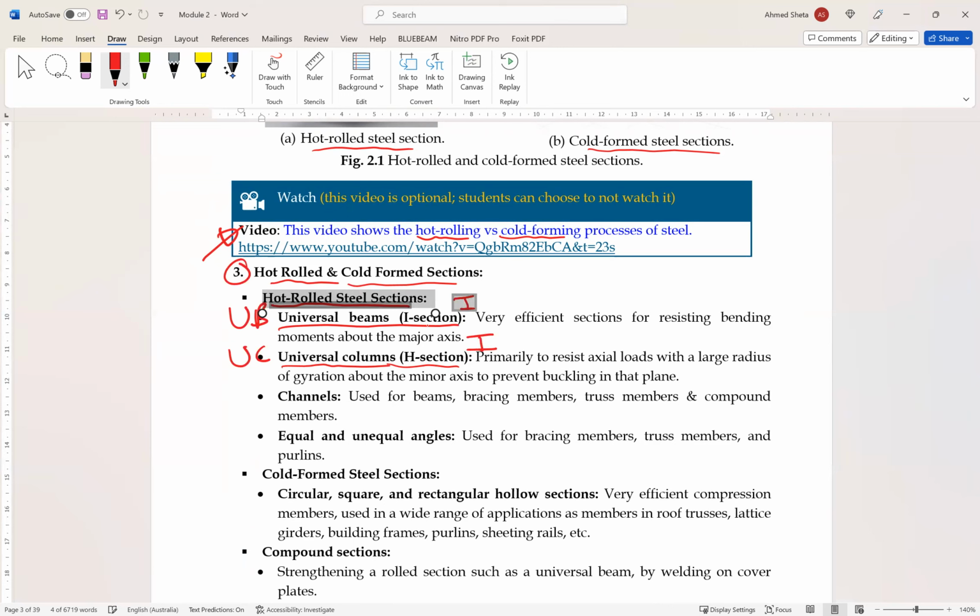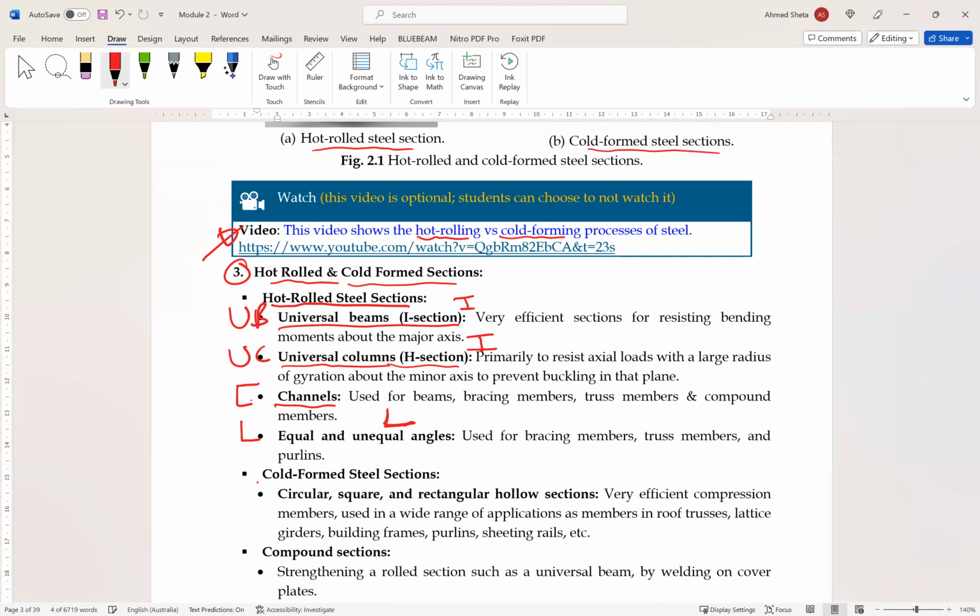The difference is the width of the flange. And we have also channels or C sections. So we can have C sections, equal and unequal angles. All these are common sections in hot rolled steel.